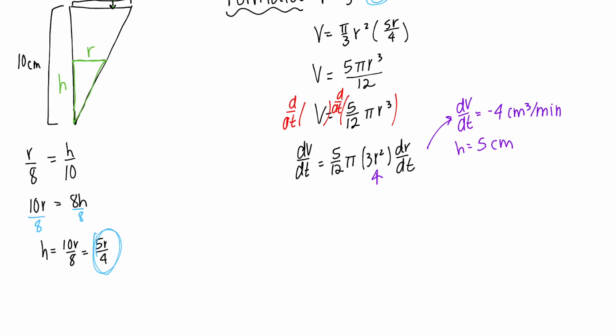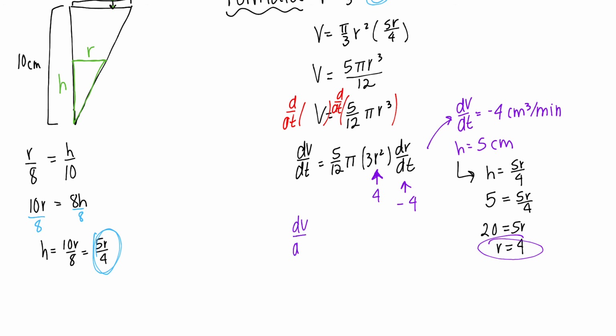But the good news is we have a formula that relates h and r together. So h is equal to 5r over 4. So if the height is 5, we can solve for r. So 20 is equal to 5r, r is equal to 4. So r is 4, dr/dt is negative 4.